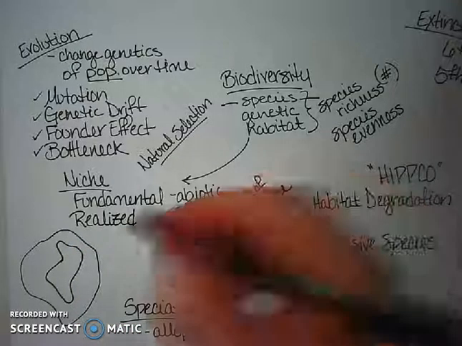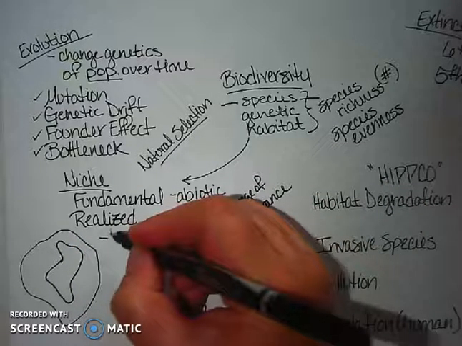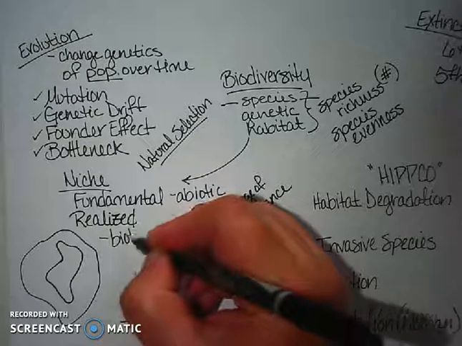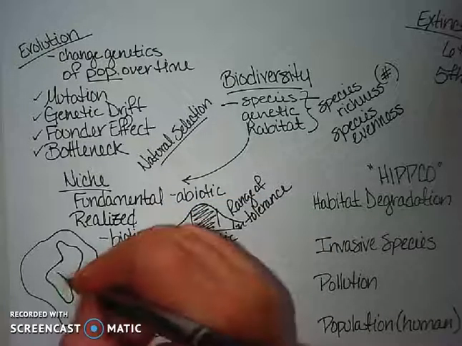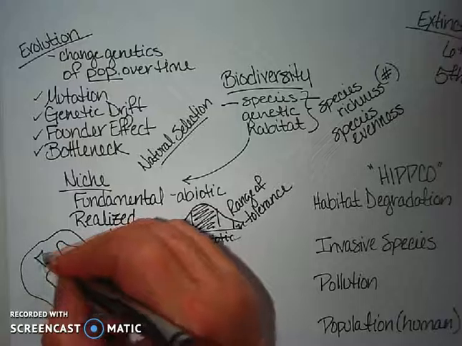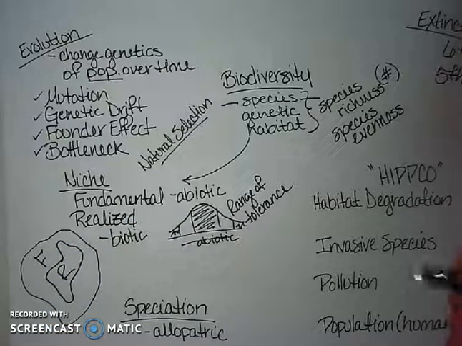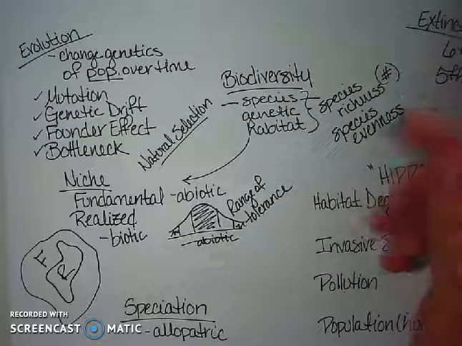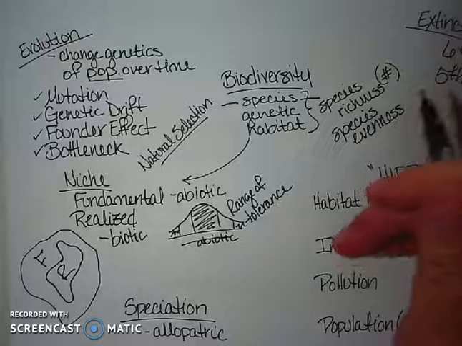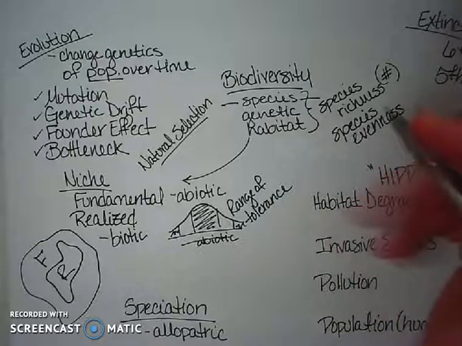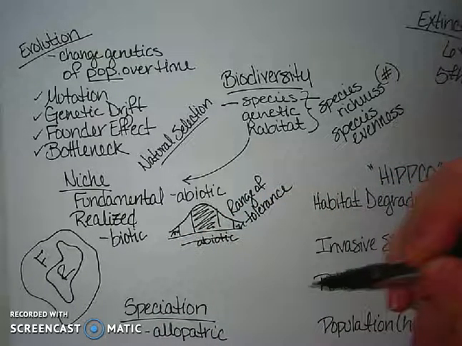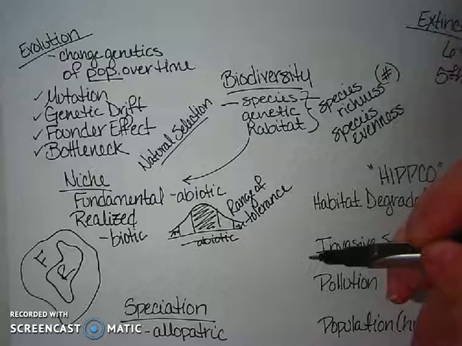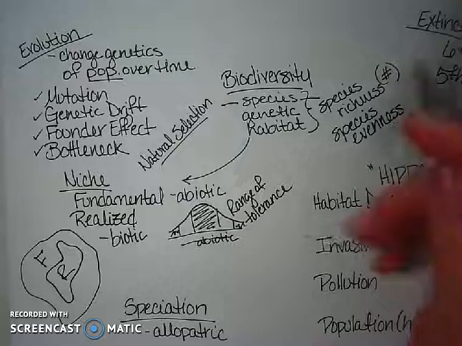And that's the realized niche, because the realized niche also has the biotic factors, the competition with other species. So this would be the realized, this would be the fundamental. Not all organisms can live where they can live based on range of tolerance. You end up with competition and other things that actually push an organism into a smaller space. And that is your biotic factors.